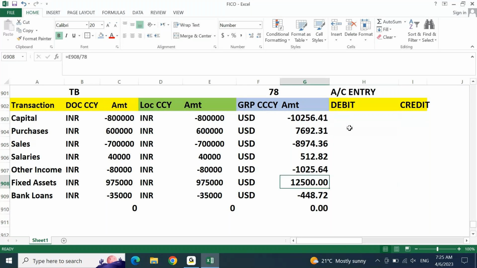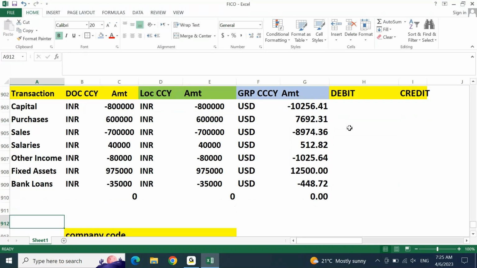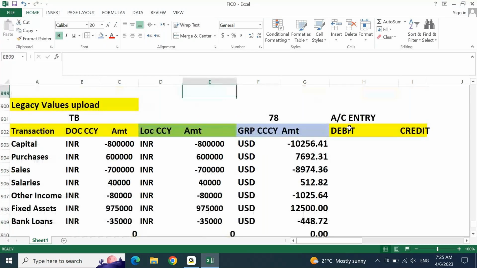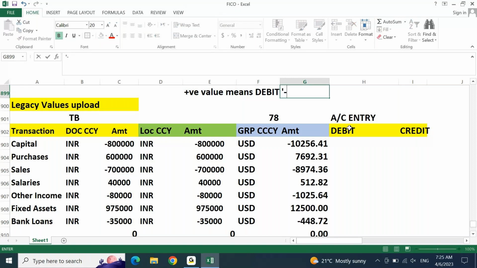Credit. Positive value means debit. Okay, and then negative value means what?